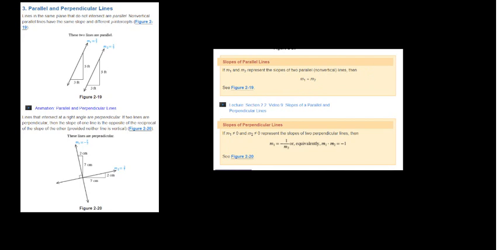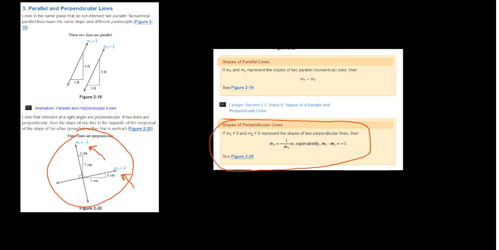And then here we have the slopes of perpendicular lines. Let's look over here. This line is perpendicular. We see that the slope of line 1 is -7/2, and the slope of line 2 is 2/7. Notice how the numbers are the same, they're just flipped: one is 7/2, one is 2/7, and one is negative and one is not.